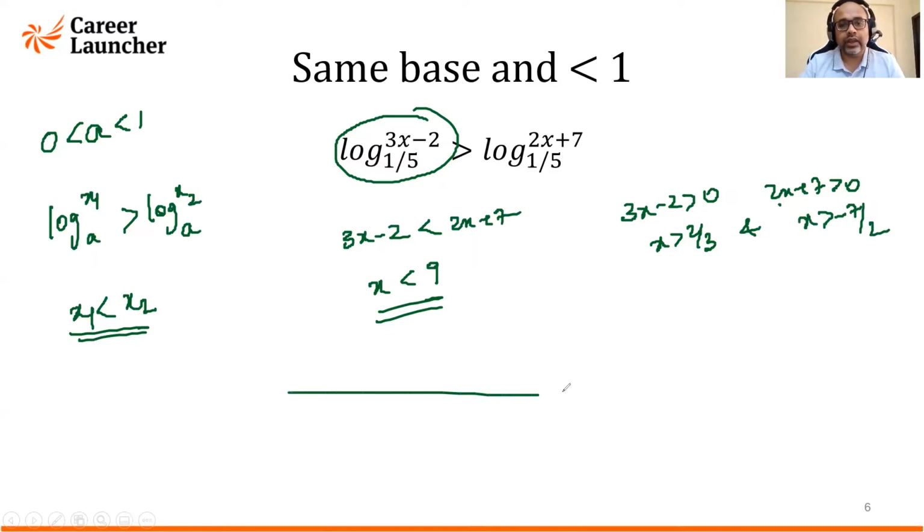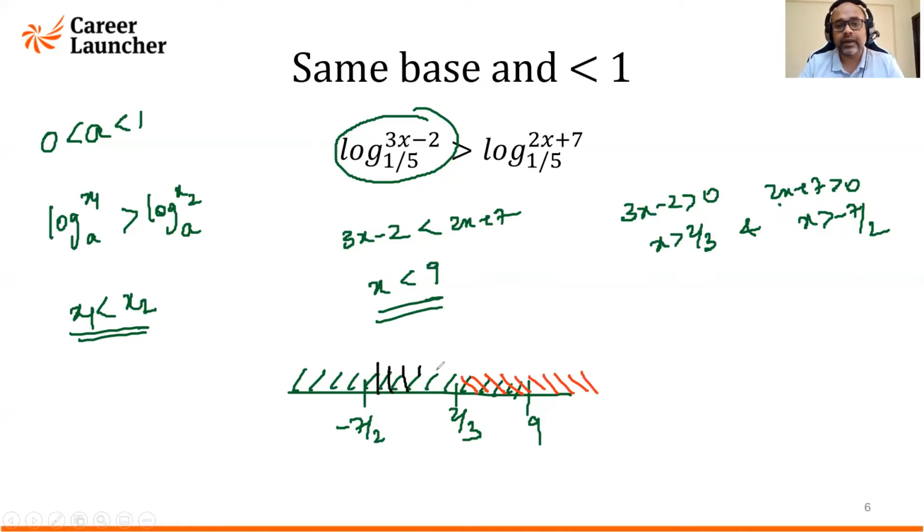So now you're looking at minus 7 by 2 is here, 2 by 3 is here, and 9 is here. So first x is less than 9. This is my region. X is greater than 2 by 3. This is my region. X is greater than minus 7 by 2. This is my region. Now you will notice that my common area is only this.